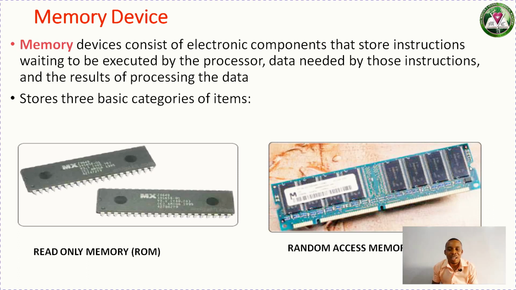Volatile in the sense that when power is removed, they lose their content. When power is off, they lose their content. They don't retain information. While the ROM, when power is off, the information will still be there. They retain information, and they are non-volatile in nature.